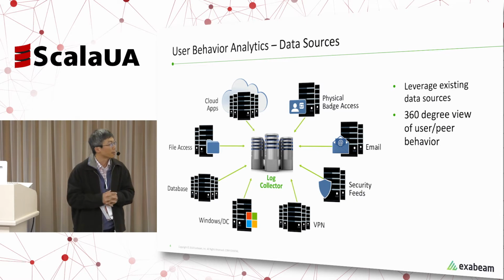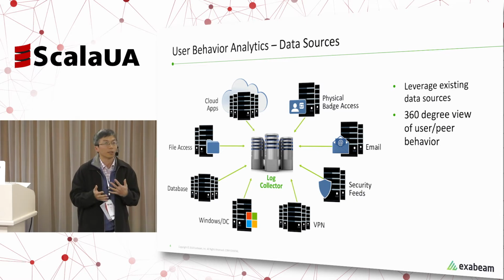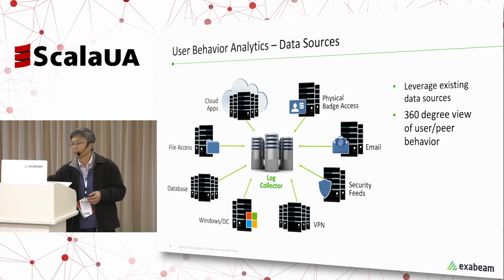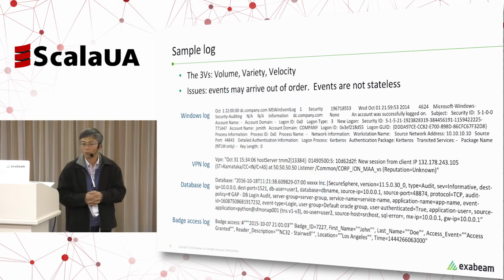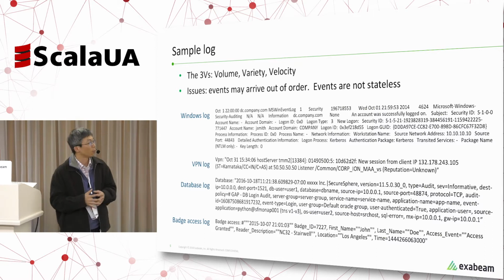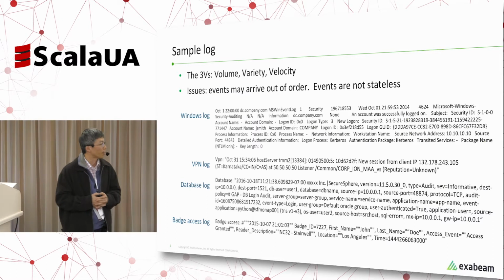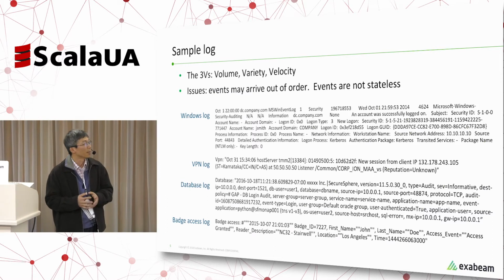With all these data sets, you get a better insight into what the user is doing on your network. As I said, it all starts with the data. Here I give you some examples of data sources: we have Windows logs, VPN logs, database logs, and badge access logs.